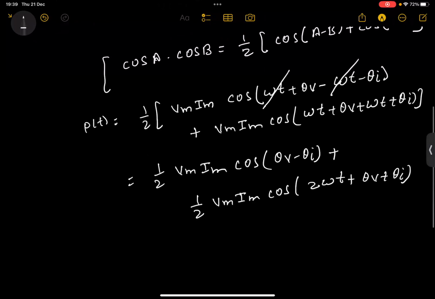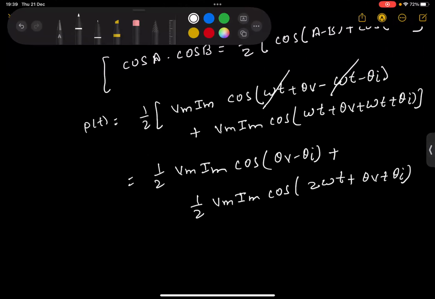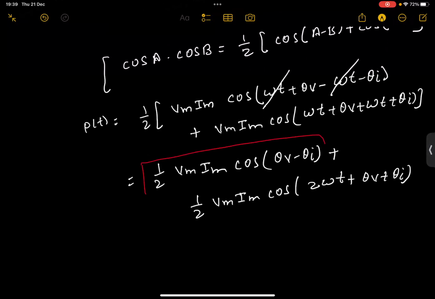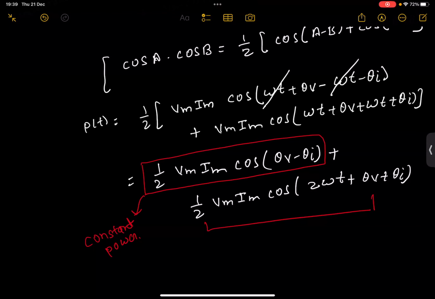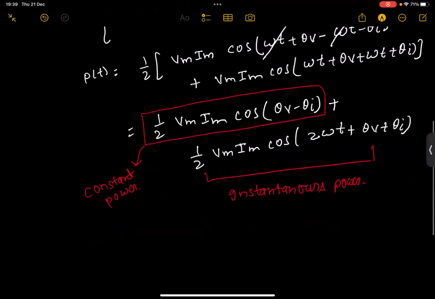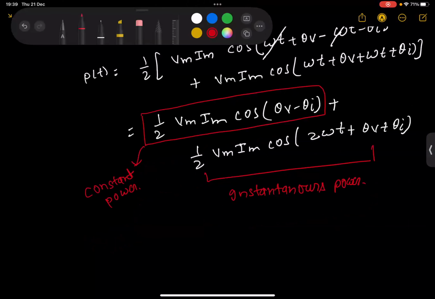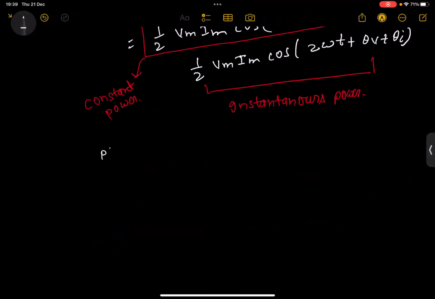So this red box represents the constant power, and this is your instantaneous power. What is meant by this? In the graph, suppose we draw the p(t) power, then you get it like this.